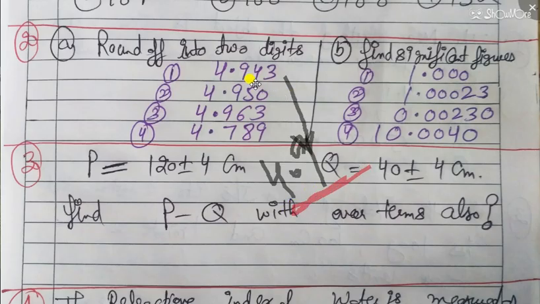If I say round off to 2 decimal places, in that case your answer will be 4.94 something. So I have given the question in which you have to round off into 2 digits. That means 4.9, or 5, any value, but that should contain 2 digits only.